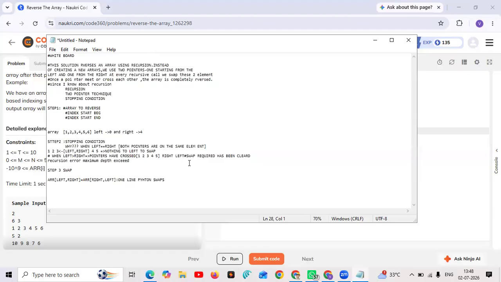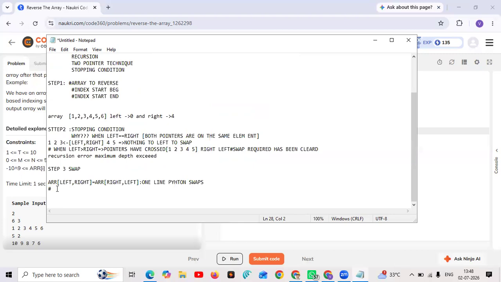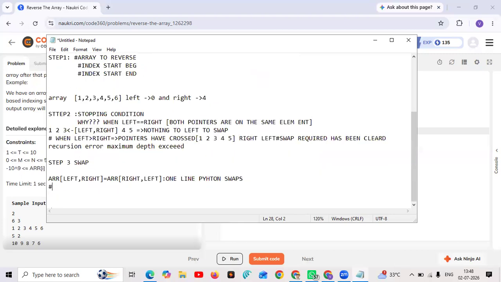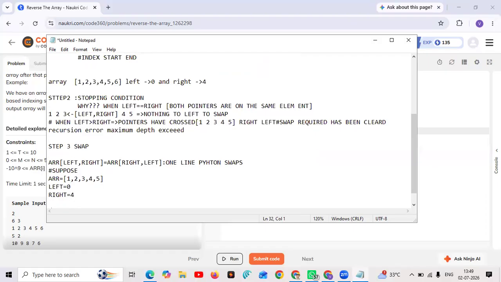If you want to understand the code procession, what does the code want to say? To swap. Suppose array is equal to 1 comma 2 comma 3 comma 4 comma 5, left is equal to 0 and right is equal to 4.